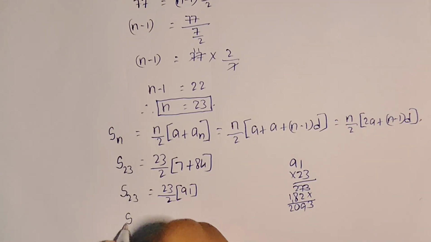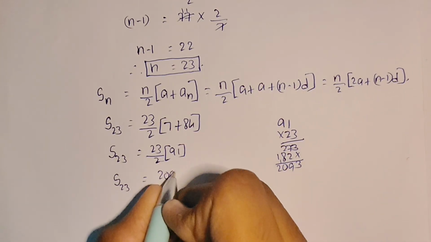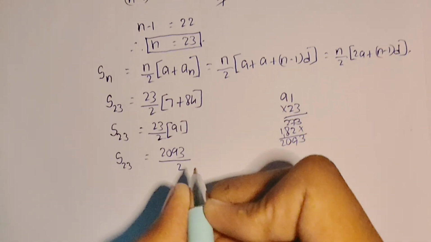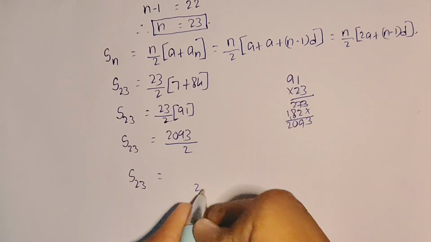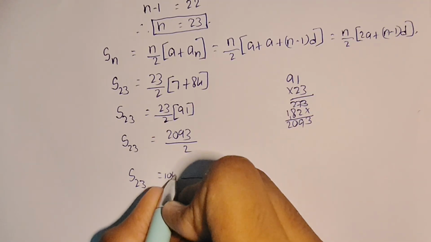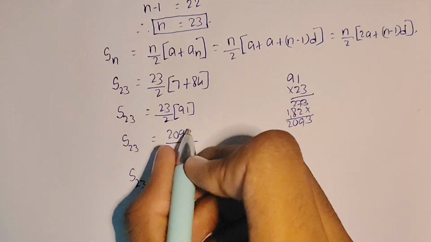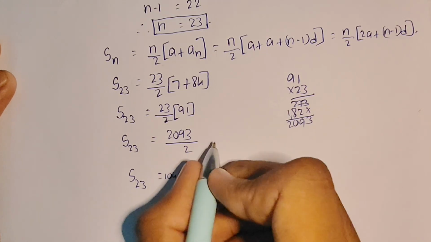So we got S23 is equal to 2093 by 2. We can write this as 2 tens are 20, 2 fours are 8, it remains 1. 1 after 3 means 13, 2 sixes are 12.